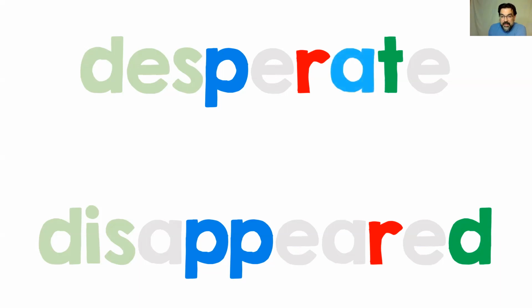But there's an A in these words too, and the A comes between the R and the T. But look in disappear, that A jumps all the way back before the P. So if you're reading desperate quickly and you happen to say disappeared, your brain took that A and put it before the P. And that's very common behavior. Also, right in the middle is the ER, the R-controlled sound. You can see per. But down below, that R-controlled sound becomes ear. So there's a little difference, per versus ear.